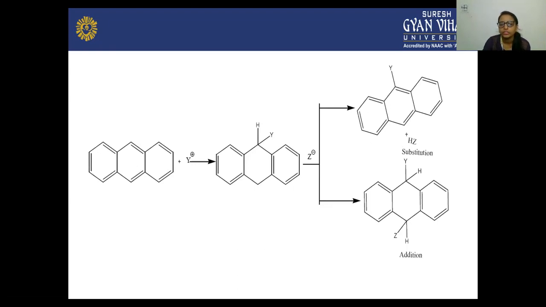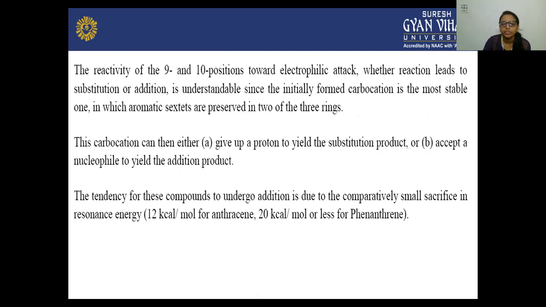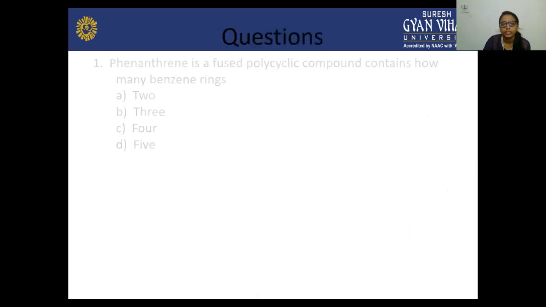After that, with Z there is substitution, and the first substitution product is formed, and next is addition. This is the reactivity of the 9th position towards electrophilic attack, where the reaction leads to substitution and addition. The carbocation can either, A, give up a proton to give the substitution product, or B, give the addition product.